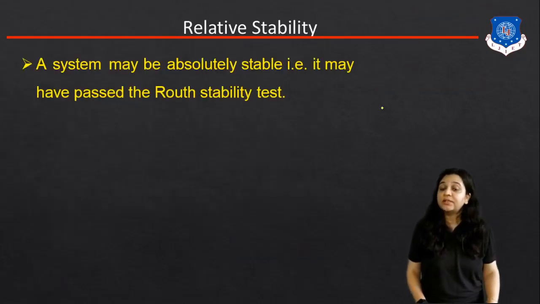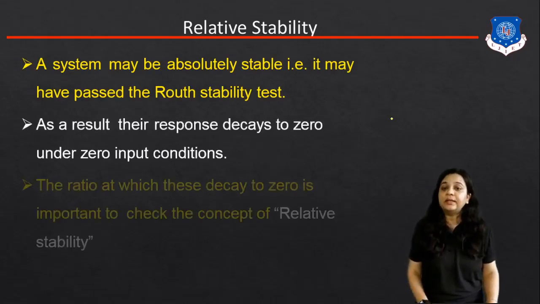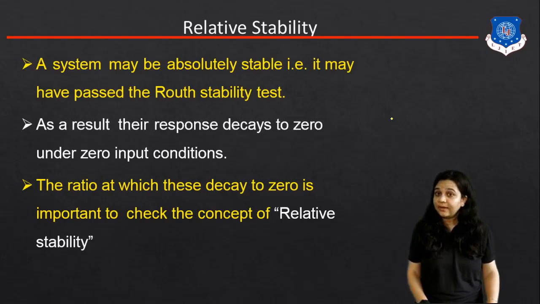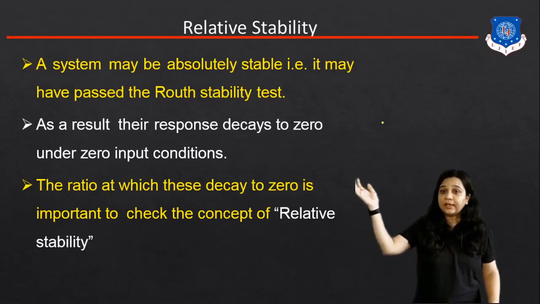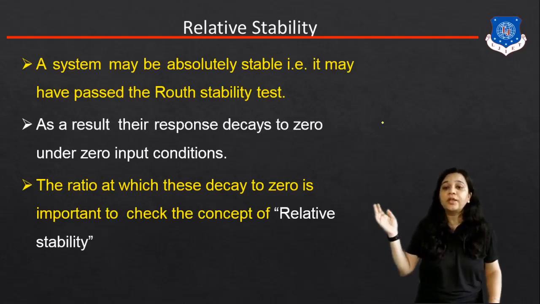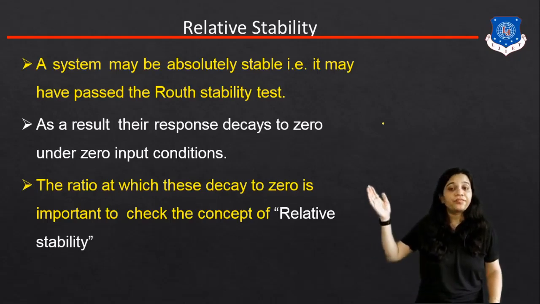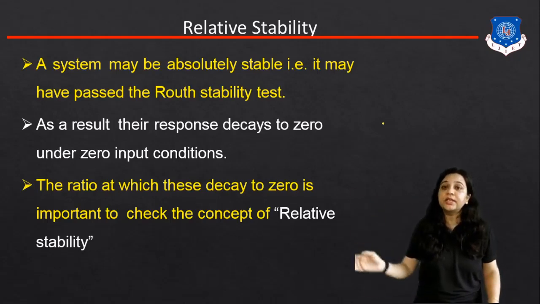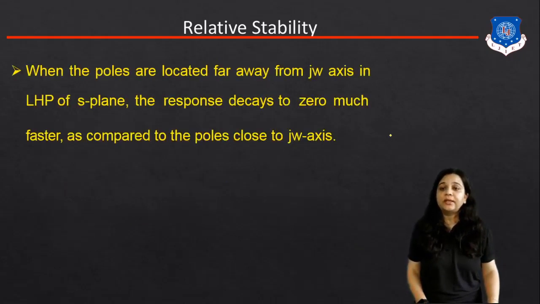Now the fourth one is relative stability. A system may be absolutely stable, that means it may have passed the Routh stability test. As a result, its response decays to 0 under the zero input condition. The rate at which this decay to 0 happens is important for the concept of relative stability.